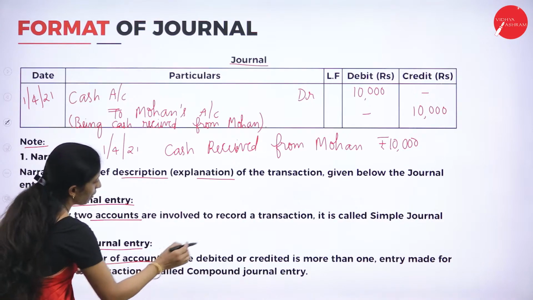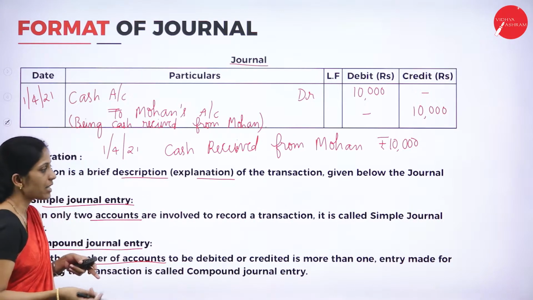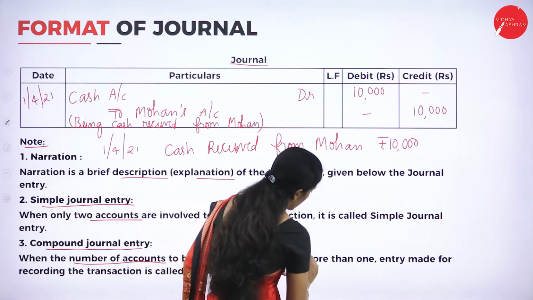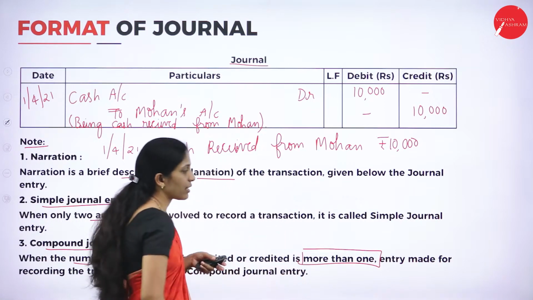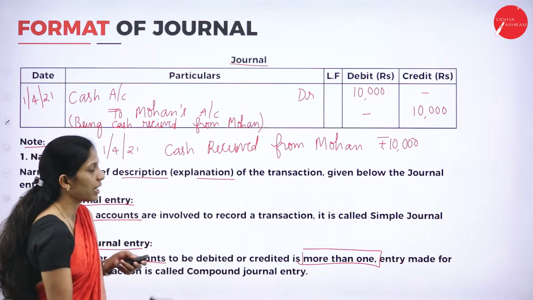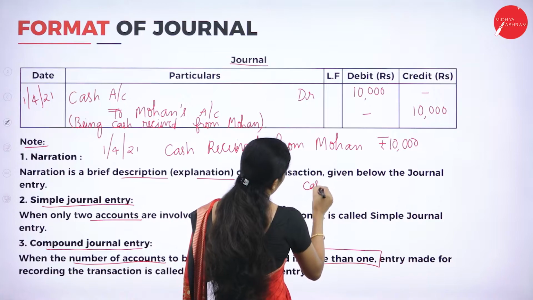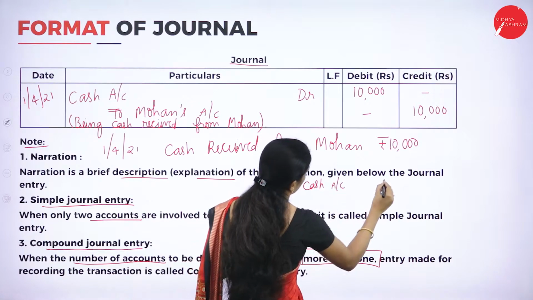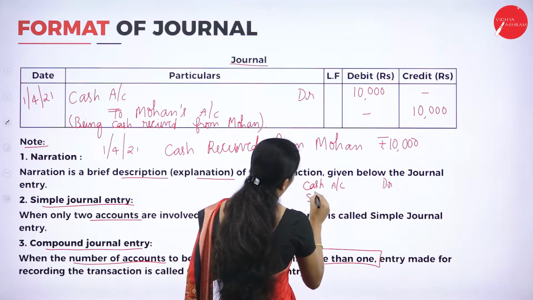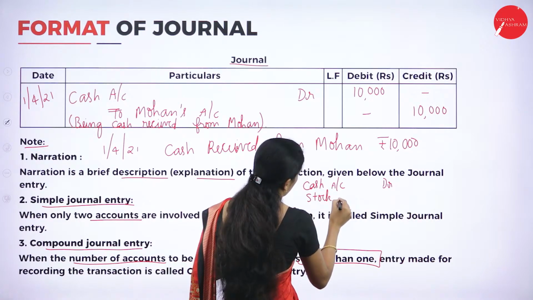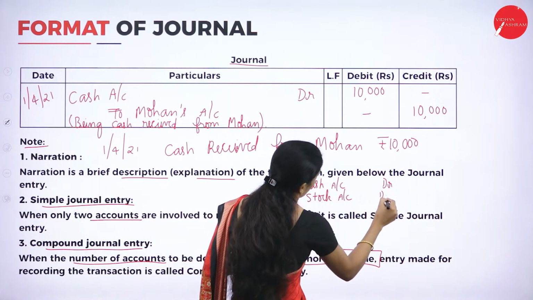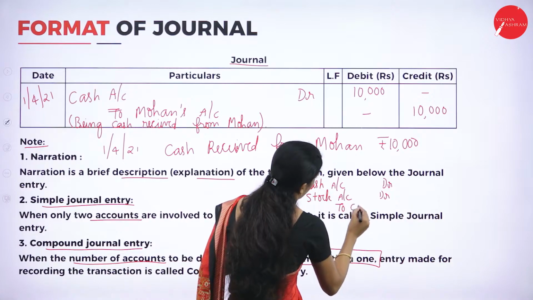Then what is compound journal entry? When the number of accounts to be debited or credited is more than one, it is called a compound journal entry. For example, if the journal entry is cash account debtor, stock account debtor, to capital account.